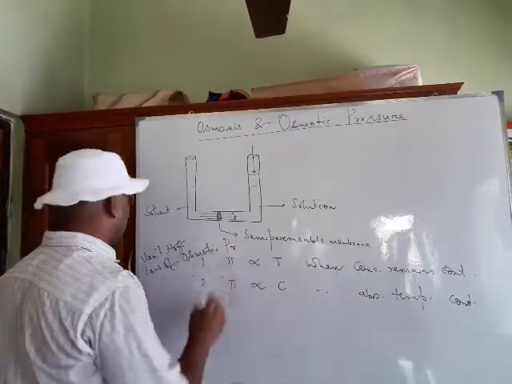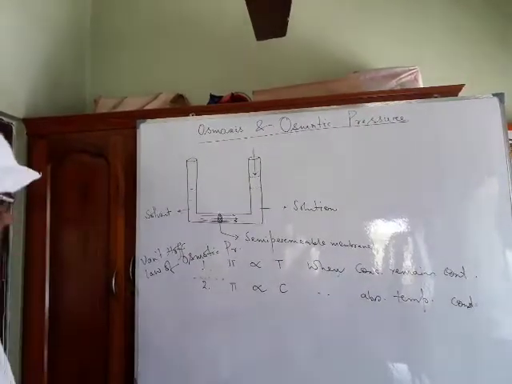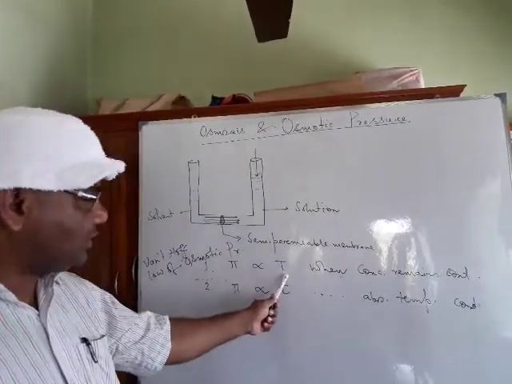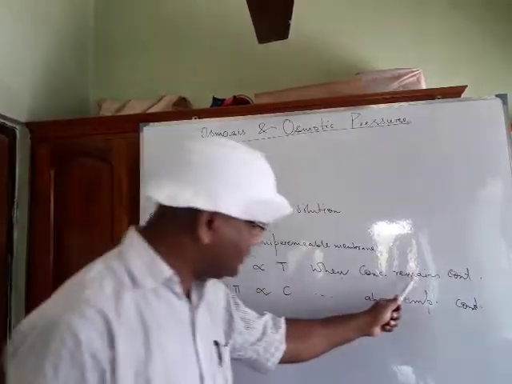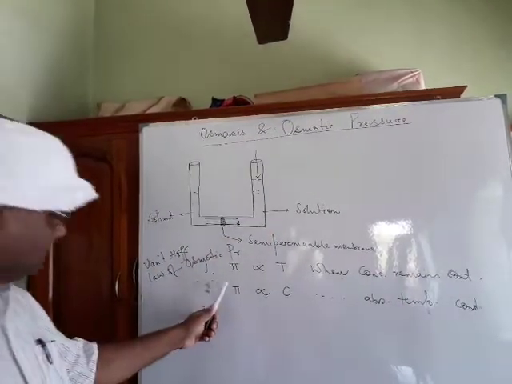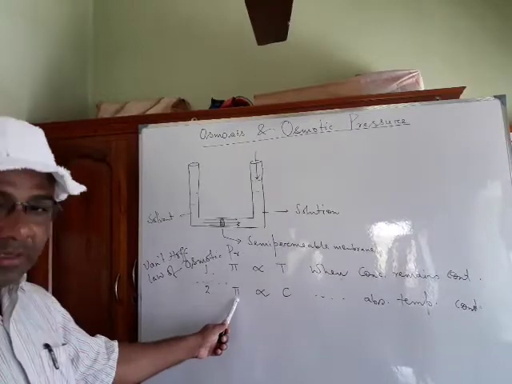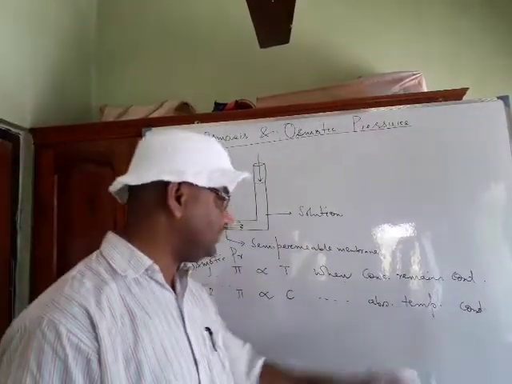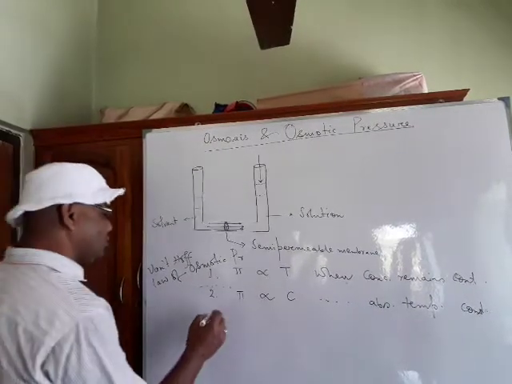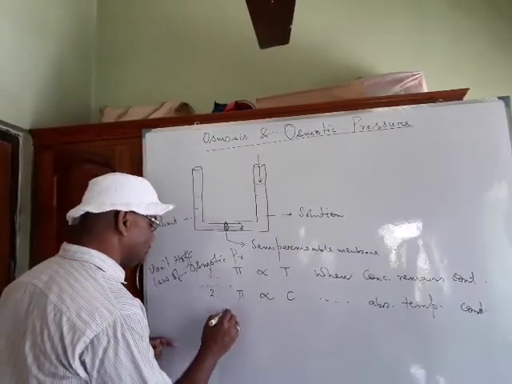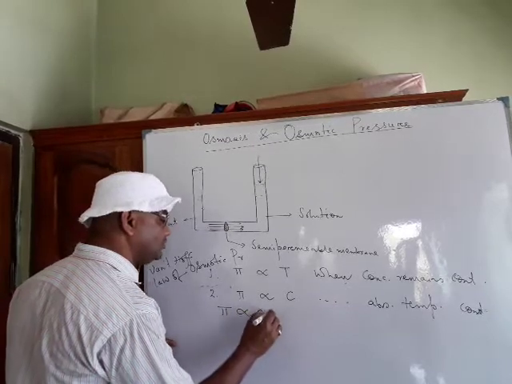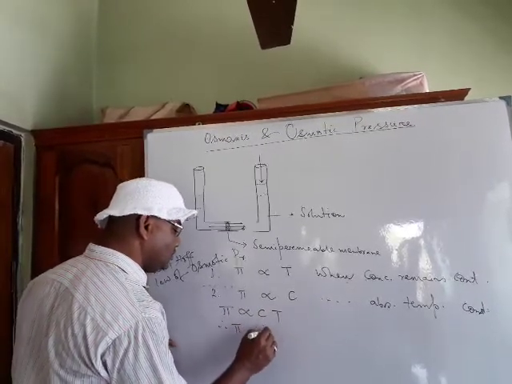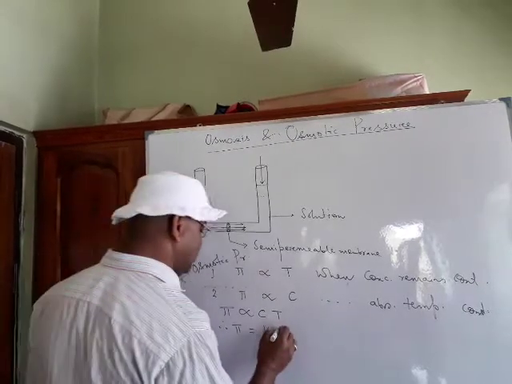According to Van 't Hoff's law, osmotic pressure of a solution is directly proportional to the absolute temperature when concentration remains constant, and the second law is that osmotic pressure of a solution is directly proportional to the concentration when absolute temperature remains constant. Combining both laws, we can write pi is proportional to C into T. Therefore, pi is equal to KCT, where K is the constant of proportionality.